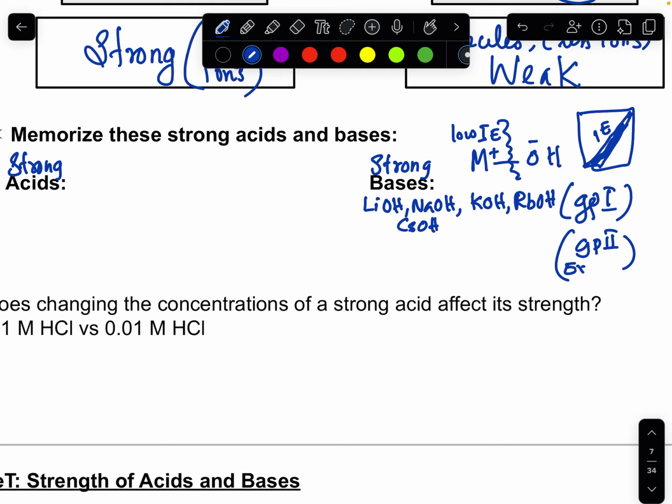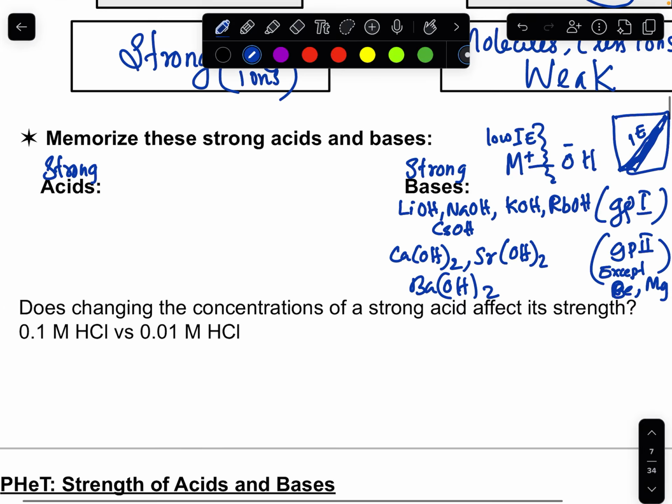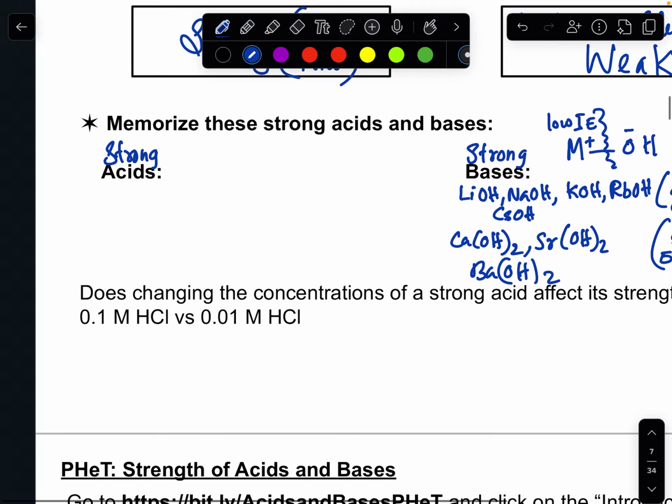Beryllium has higher ionization energy, magnesium also. So except beryllium and magnesium, calcium hydroxide, strontium hydroxide, barium hydroxide are strong. Except for these, everything is what? Weak bases. So you only have to worry about these.